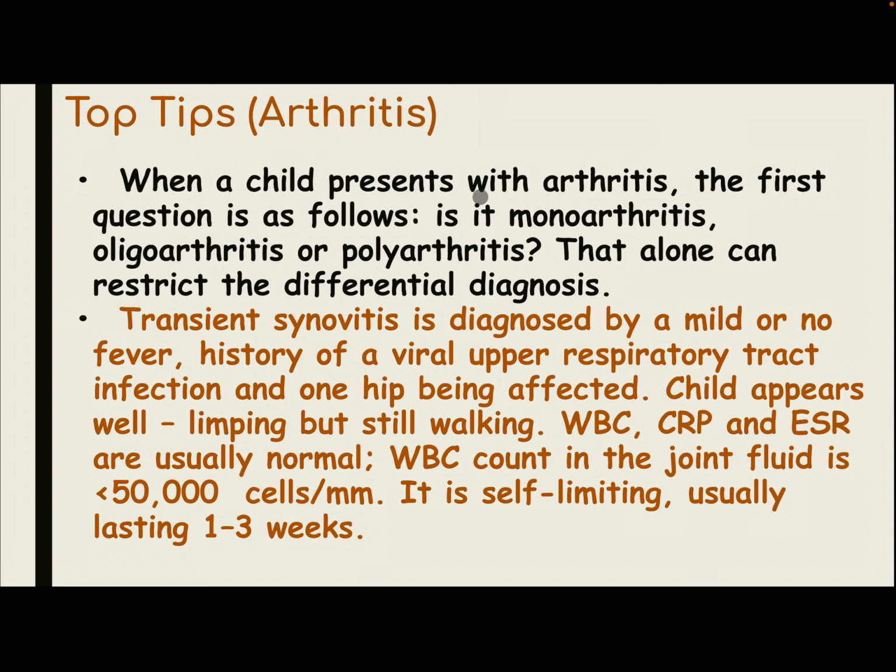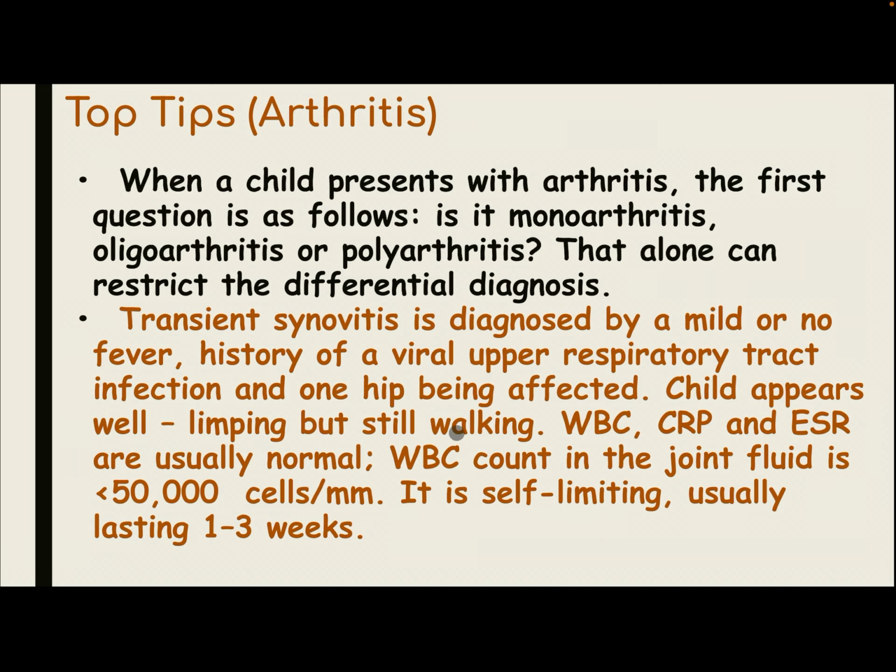Top tips of arthritis. When a child presents with arthritis, the first question is as follows. Is it monoarthritis, oligoarthritis, or polyarthritis? That alone can restrict the differential diagnosis. Transient synovitis is diagnosed by mild or no fever, history of viral upper respiratory tract infection, and one hip being affected.